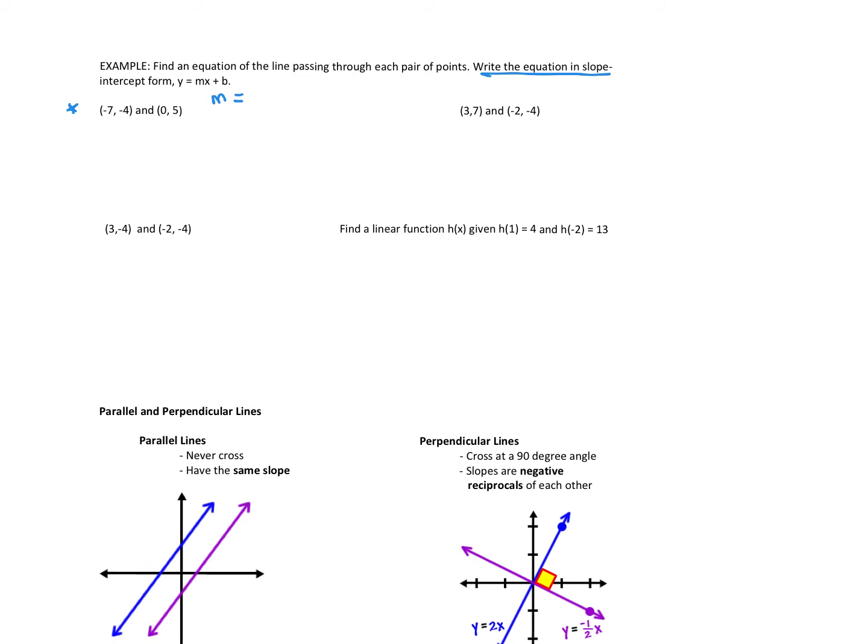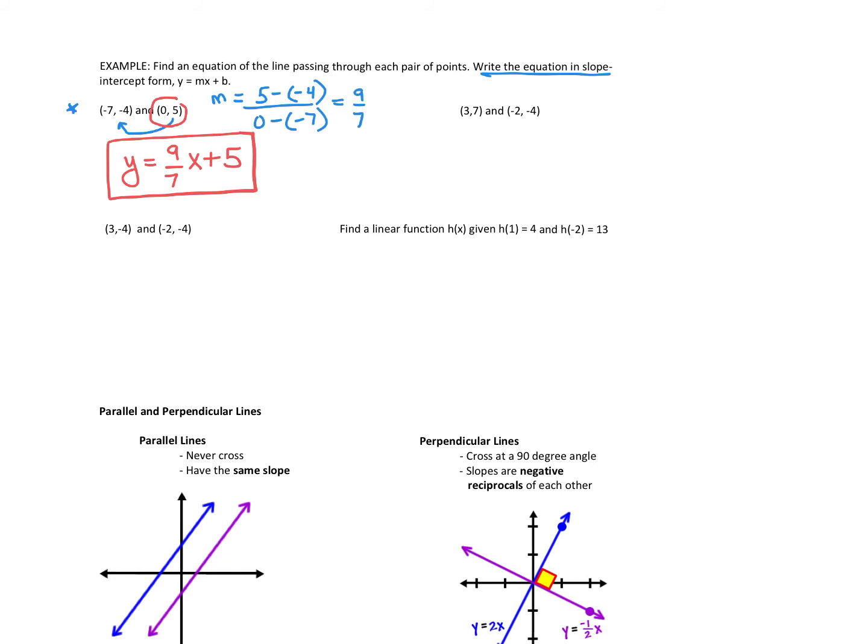So I'm going to do y2 minus y1, 5 minus negative 4, over 0 minus negative 7. And I'm going to get 9/7 for my slope. I also notice in this particular case that I'm given my y-intercept. So at this point, I can just write y equals mx plus b, 9/7 x plus 5.